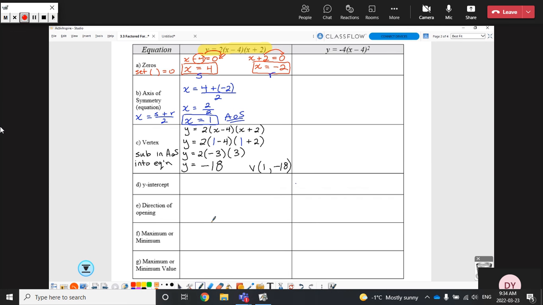Well, just like lines, if you want to solve for the y-intercept, you're going to have to set the x values equal to 0, just like any function, really. So we can go ahead and say y equals 2 bracket, we're going to sub in 0 minus 4 and 0 plus 2.